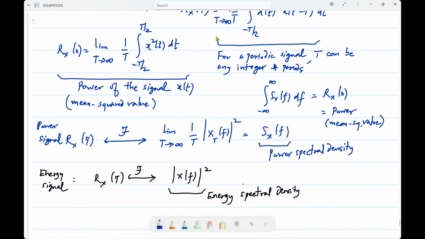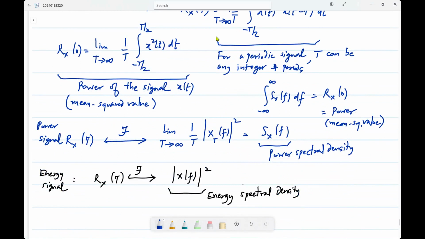Okay. Is this fine? Any questions? So we have tweaked the Fourier transform definitions that you know very well to make it applicable to power signals. Okay. So instead of energy, we'll be calculating power.